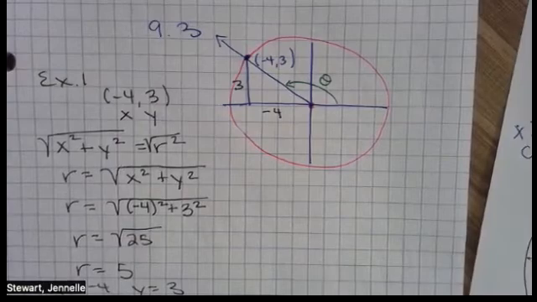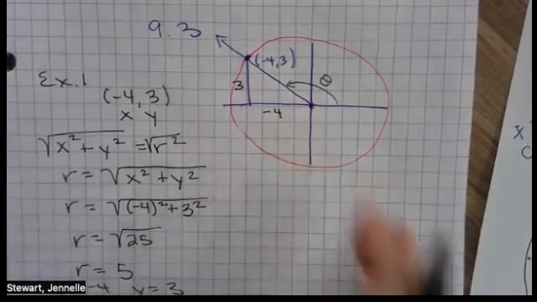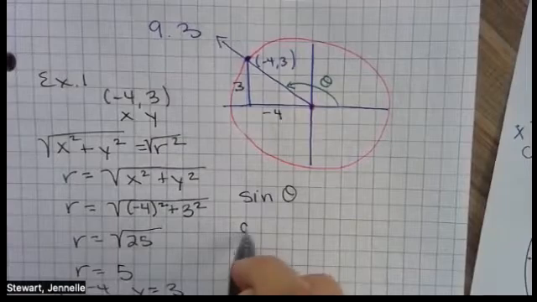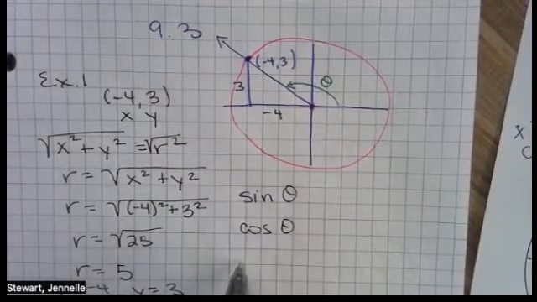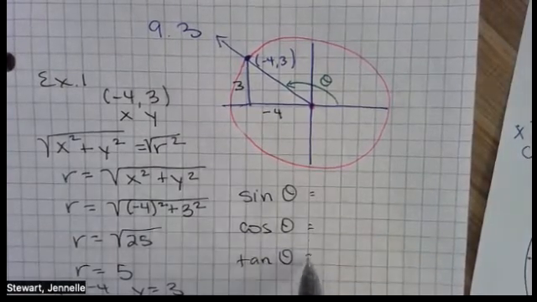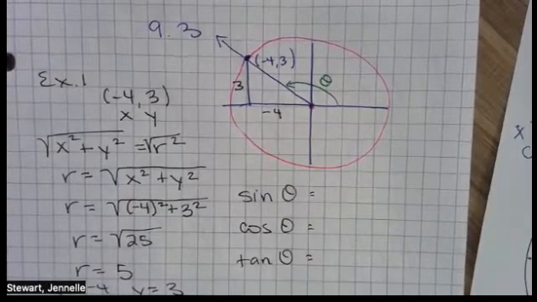Now you can write your trig functions. Do them in this order. It's easier for me to grade, right? Sine of theta, cosine of theta, tan of theta. Okay, sine of theta, what over what? Look at your y over r, right?